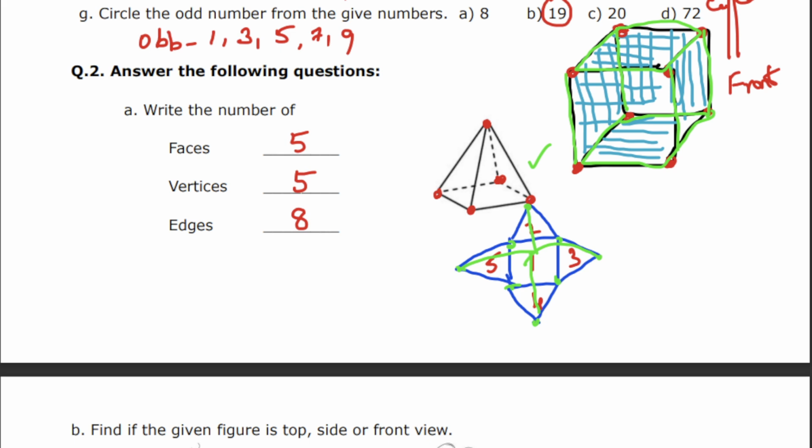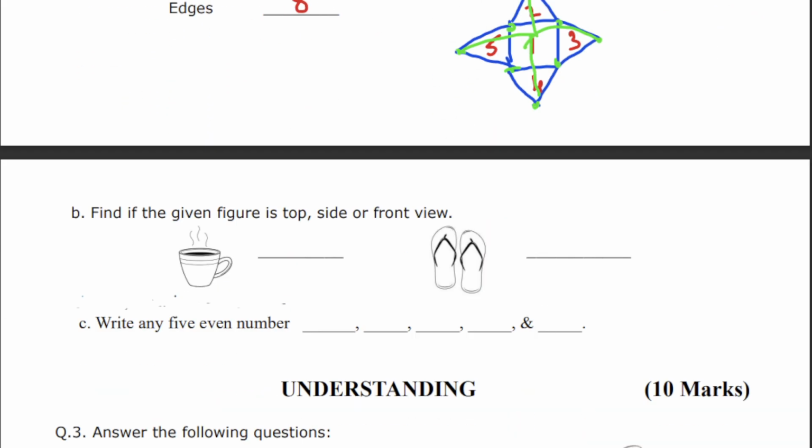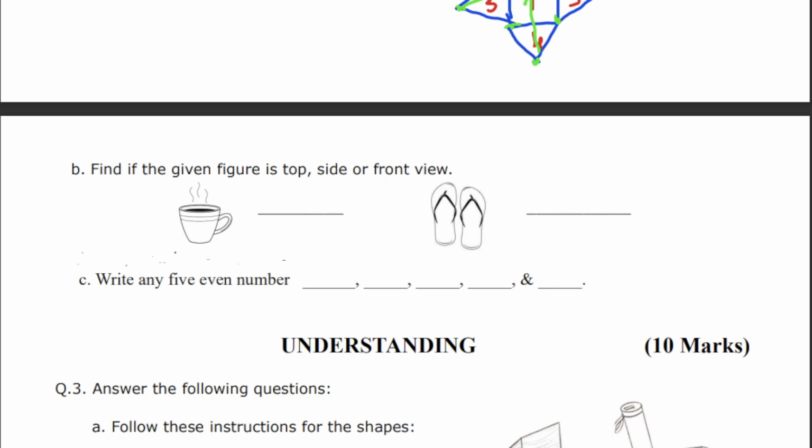Next, we are given find whether the given figure is the top, side or front view. So we have to find out whether the figure given is in the top view, front view or side view. We are given figures of a cup and a slipper.